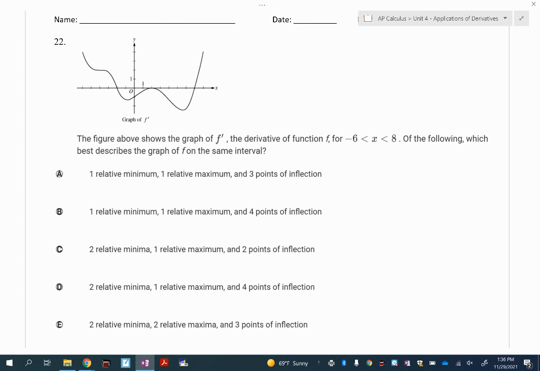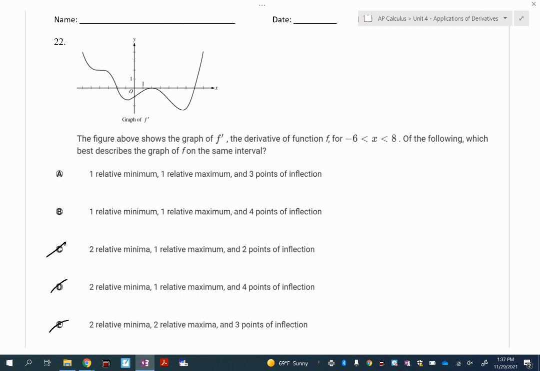That means our function goes from decreasing to increasing, so we have one relative minimum. To me, that's going to rule out answer choices C, D, and E. Just understanding the sign of our first derivative helps us narrow it down to A or B.